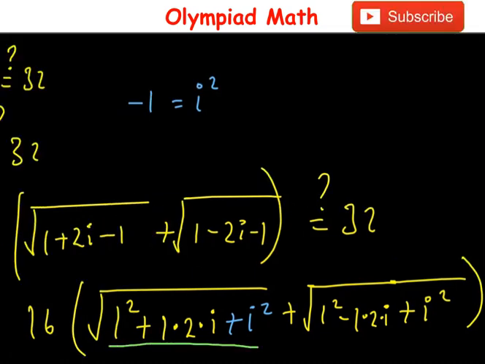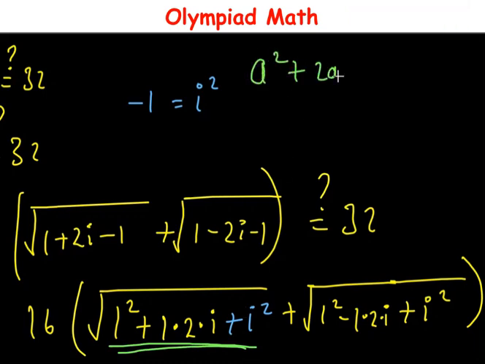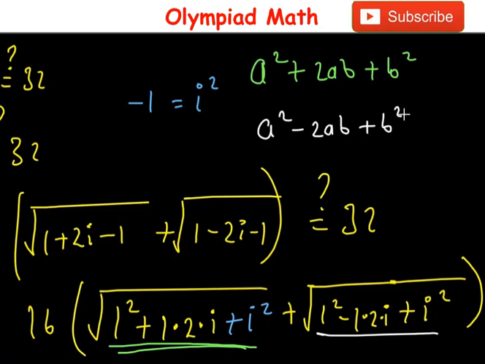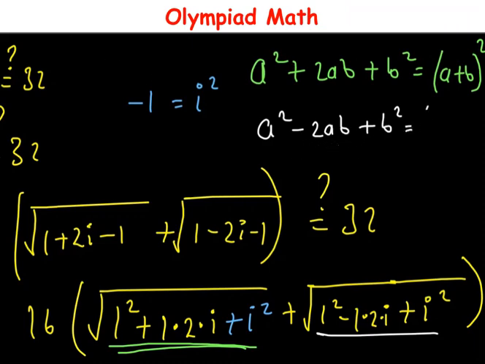Looking at this right here, this is in the form of a squared plus 2ab plus b squared, while this right here is in the form of a squared minus 2ab plus b squared. a squared plus 2ab plus b squared is simply equal to, in bracket, a plus b all raised to power 2, while a squared minus 2ab plus b squared equals, in bracket, a minus b all raised to power 2.